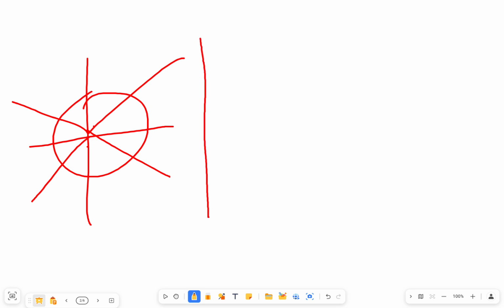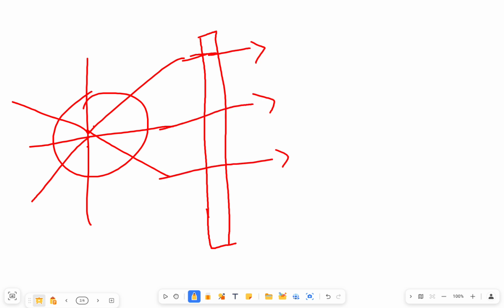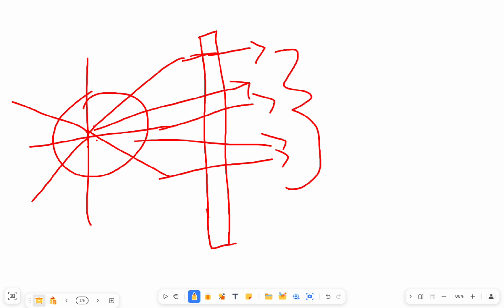Suppose if we place any object in between, or simply we can say any surface on the direction of these radially moving electric fields, then these fields will pass through this surface. So the number of these electric field lines that are passing through this surface, that is called electric flux.